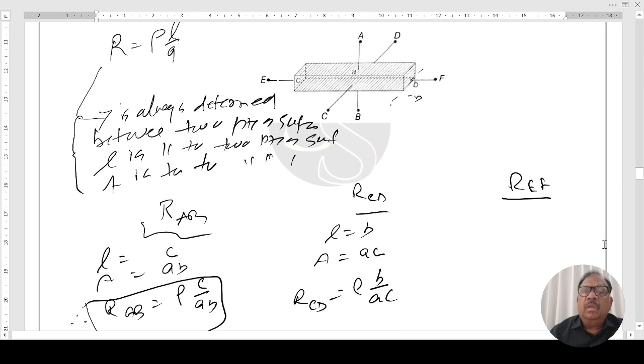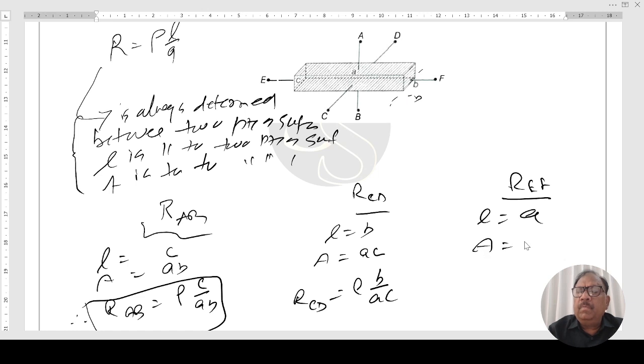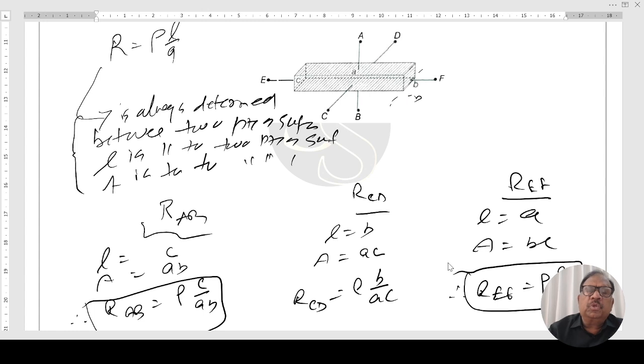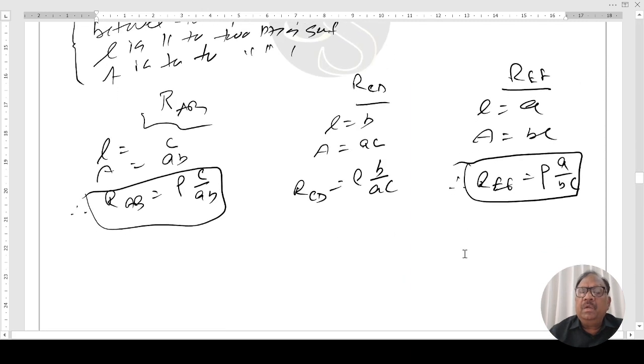In this case, parallel to EF is A, so length will be A, area will be BC. Therefore, REF will be rho A upon BC. Through this question, the concept was cleared how to identify area and how to identify length. Right? Next question.